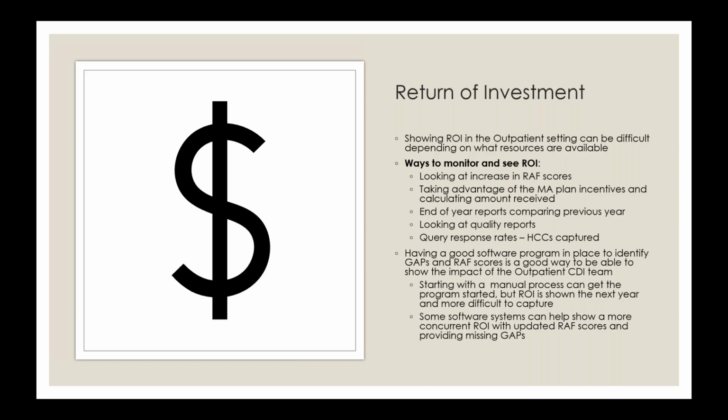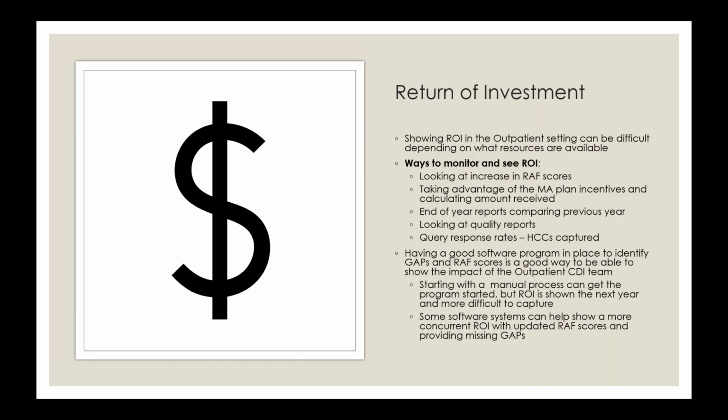Because once those risk adjustment factors have increased, then of course you will have more monetary value with that. But it's also showing you that you have that higher patient acuity, and you're utilizing these resources, and you want to make sure you're capturing that accurately.